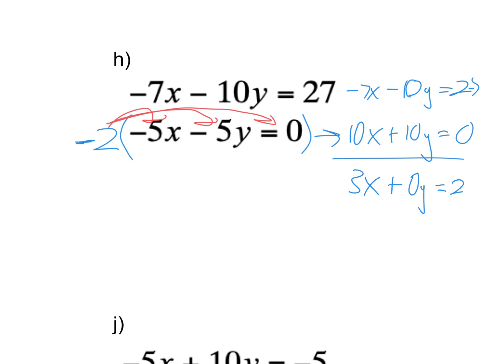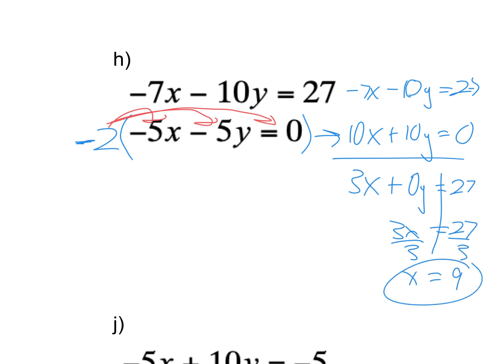Okay, so I can get rid of that 0y, so I just have 3x equals 27. Divide both sides by 3, and our x equals 9.